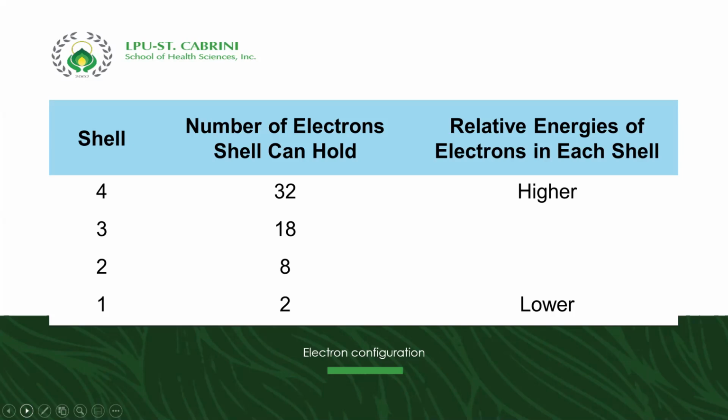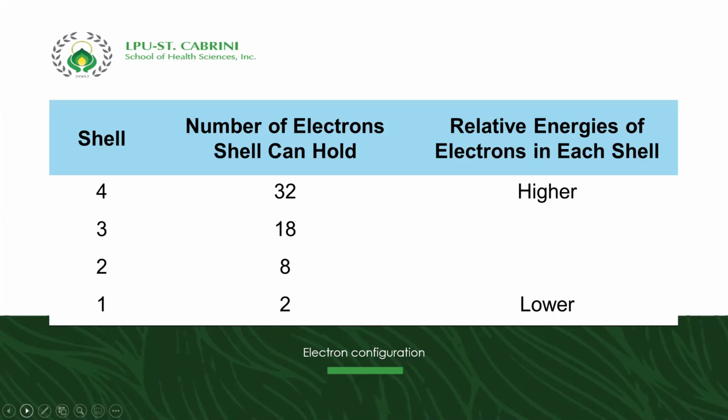While shell 4 can contain one 4s, three 4p, five 4d, and seven 4f orbitals. Meaning to say, it can hold 32 electrons. And relative to their energies, the energy of the electrons in each shell goes up from 1 to 4.